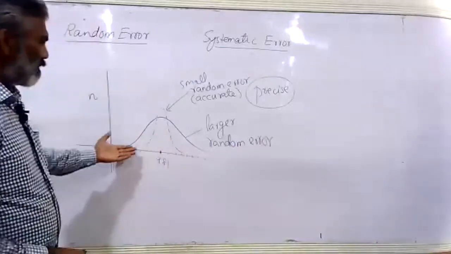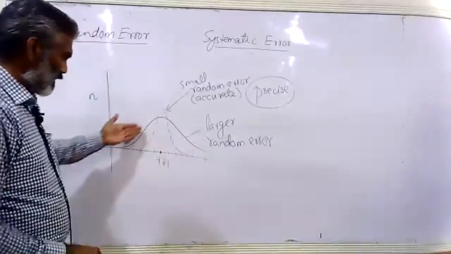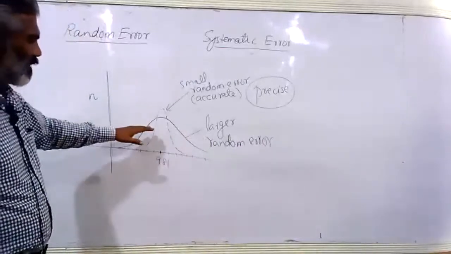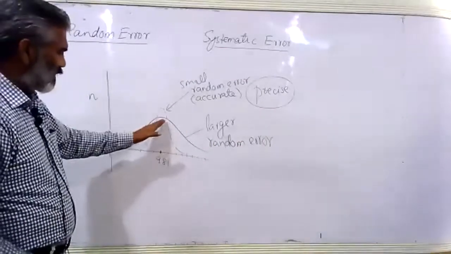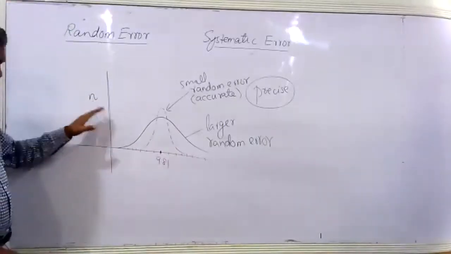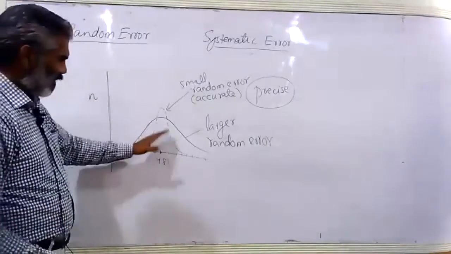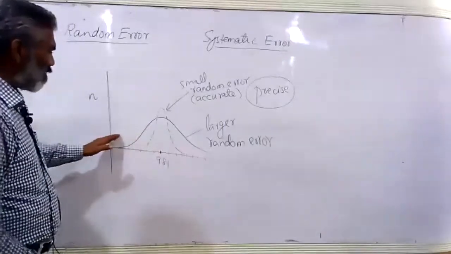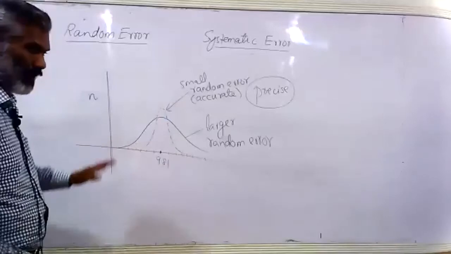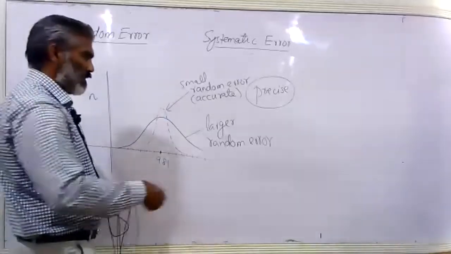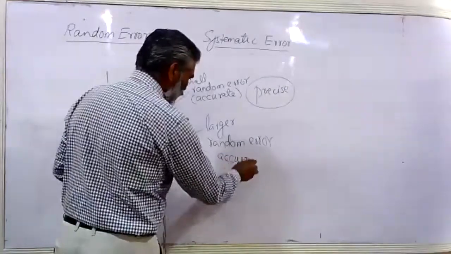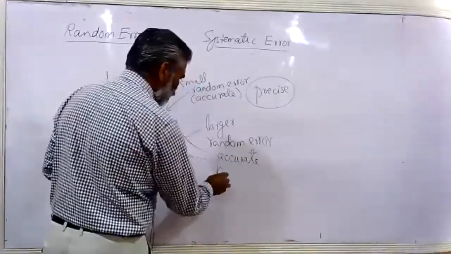It may be referred to as accurate because this is not entirely wrong, because the number of values that you have obtained near the mean is large, many values are close to it, but there are many values away from this value on this side and on this side. Therefore, this may be accurate but not precise.